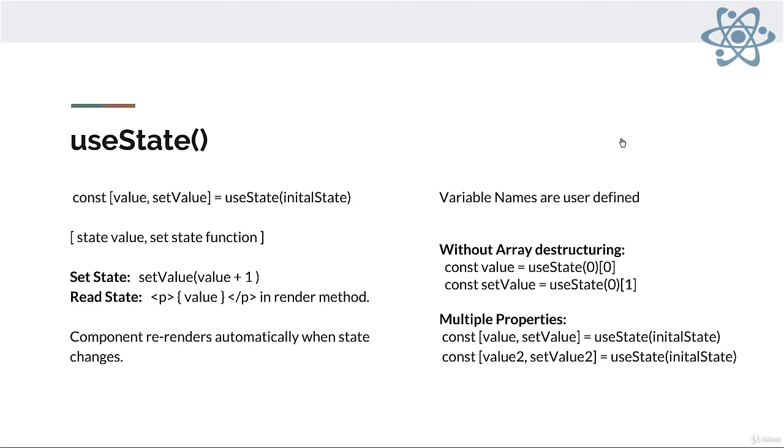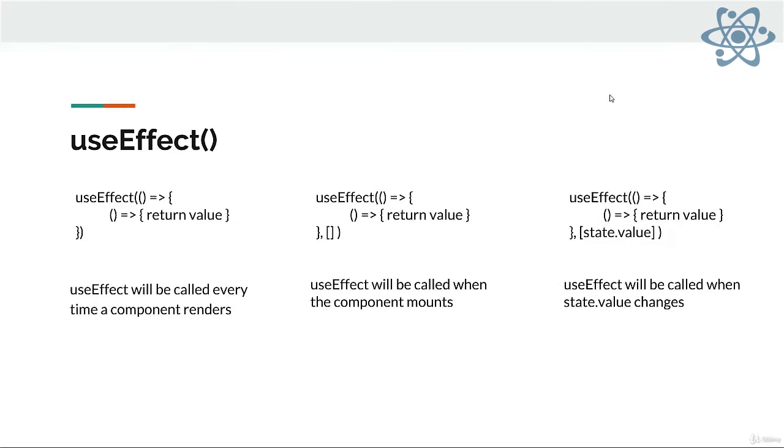And again, this is important to understand because this is very different than using the setState function in class components. To read the state, you just pass in the variable name directly in curly brackets to the render method. And again, you don't have to use the state keyword or the props keyword. And similar to React classes, the component re-renders automatically when the state changes.